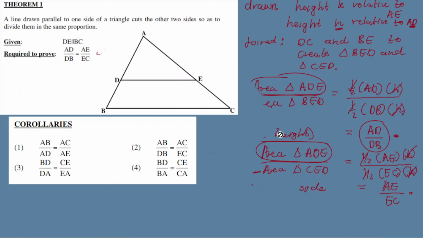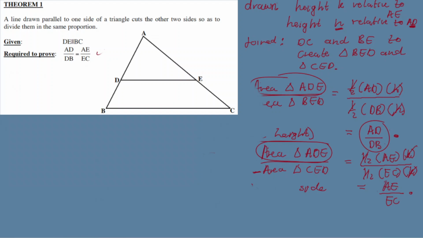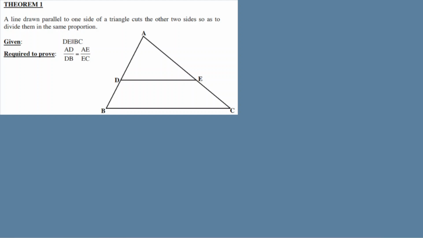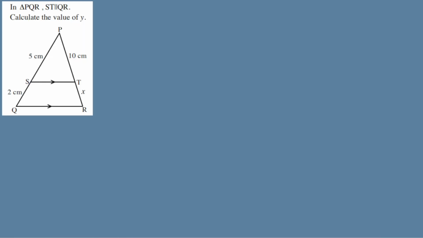So let's do one example using theorem 1, just to demonstrate how theorem 1 works. The corollaries work depending on what you are given; you use the corollary relevant to the given problem. Let's erase here and do a problem.